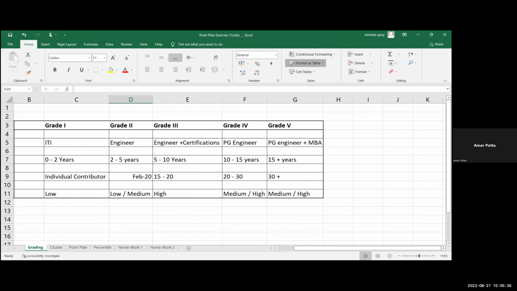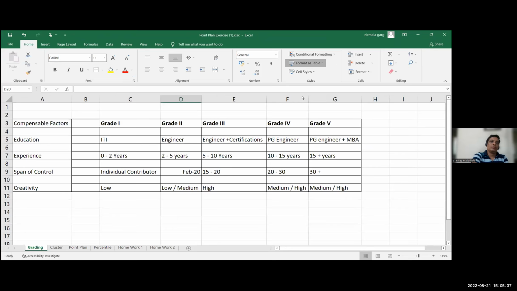Yes, it is visible. So step 1, identify compensable factors. So what are compensable factors? Factors for which I pay.